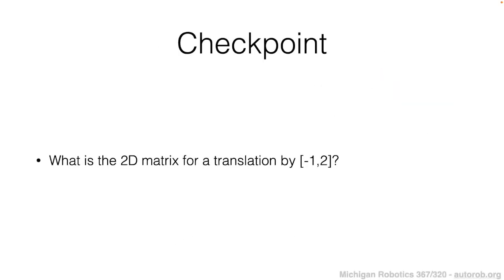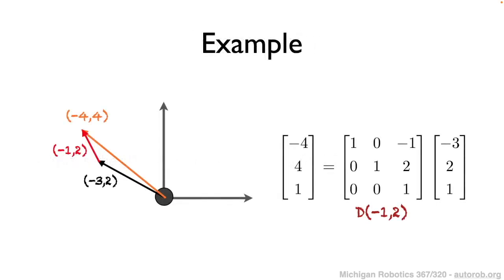So as a quick checkpoint, to check our understanding, you could pause the video here and see if you can remember what the 2D matrix for a translation by -1 in the x direction and +2 in the y direction would be. So once you've thought about it, we can look at the answer here.